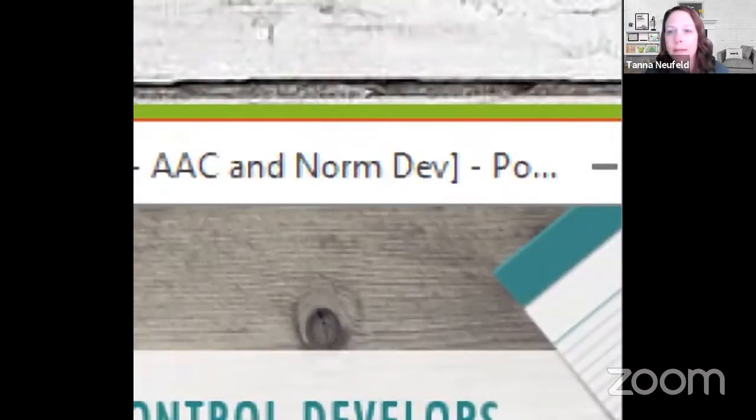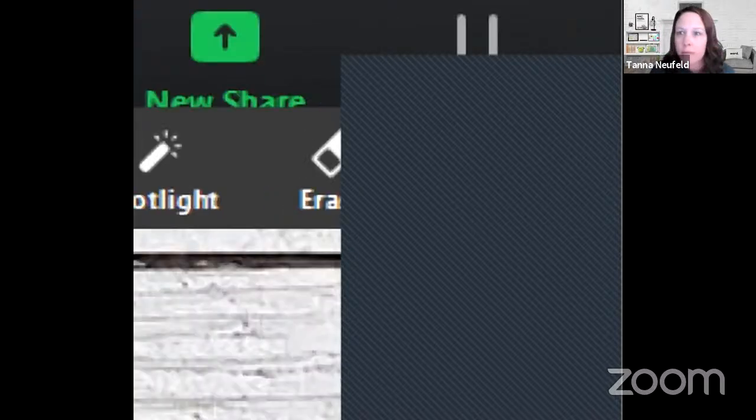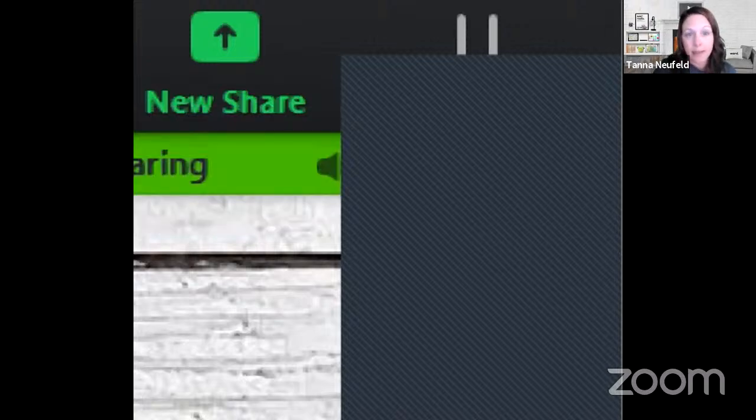Whoops, my magnifier is showing up. Give me a second, guys. I'm going to stop it and start over. The woes of Zoom. They're not completely disability friendly yet, but they're getting there.